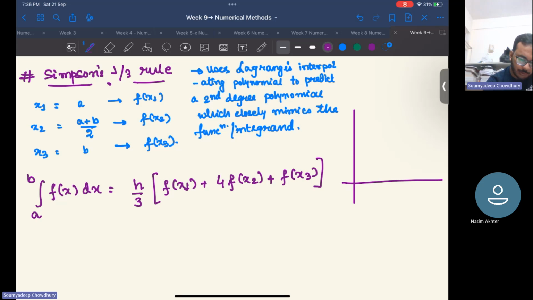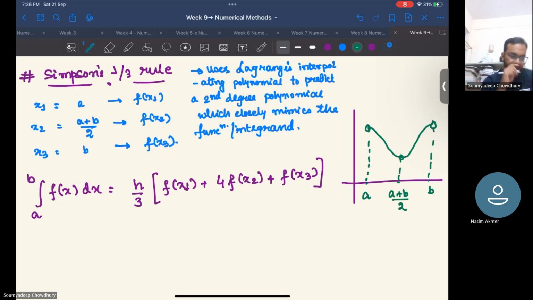Suppose you have a function like this. Suppose you have the 3 points here, right? This is A, this is B, and this is the midpoint, (A plus B) by 2.